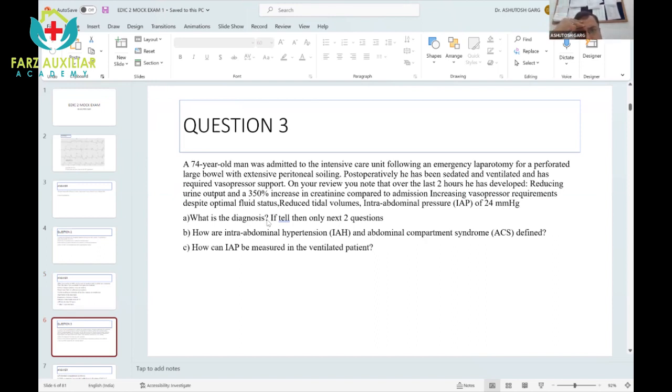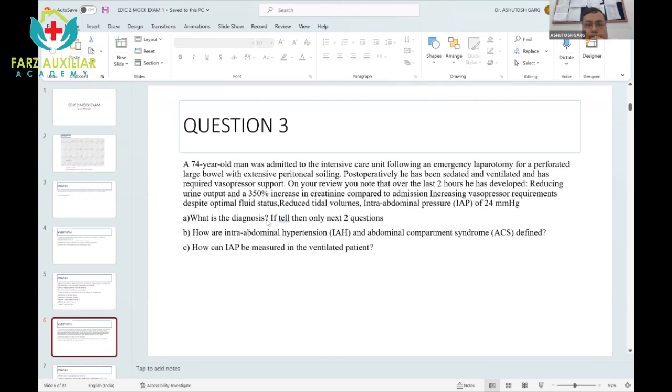A 74-year-old man was admitted to the intensive care unit following an emergency laparotomy for a perforated large bowel with extensive peritoneal soiling. Post-operatively, he has been sedated and ventilated and has required vasopressor support.